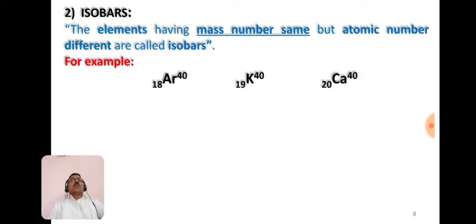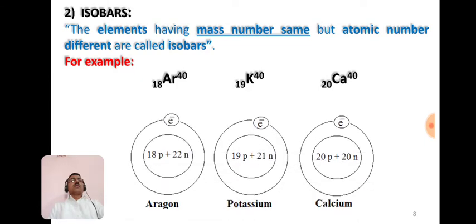Now here argon, potassium, and calcium, these are the three isobars of each other. See here, their atomic numbers are 18, 19, and 20 respectively, whereas their mass numbers are the same, that is 40. So such elements are called isobars of each other.